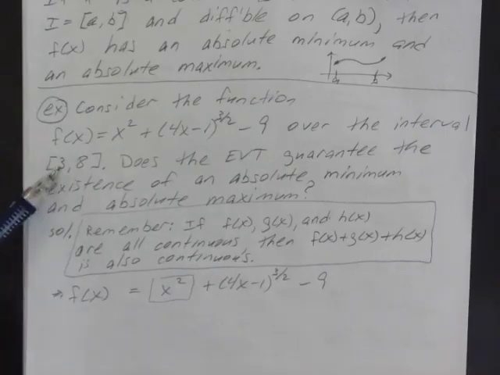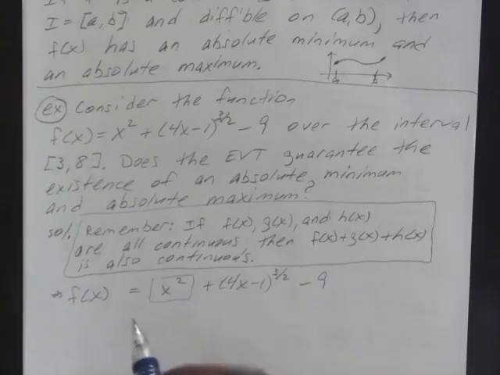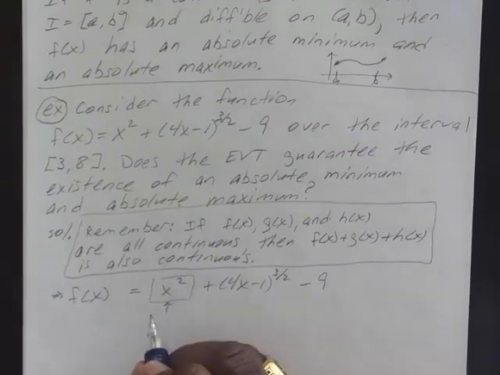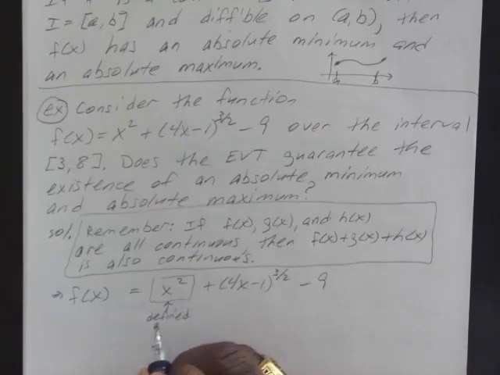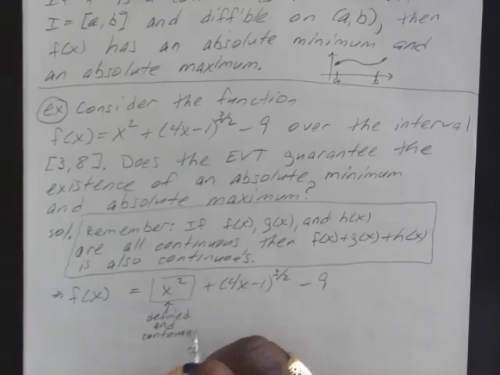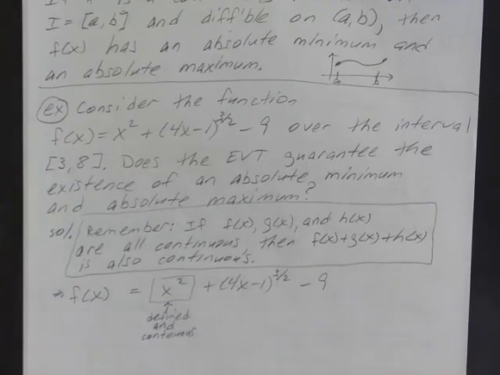If we plug in any value between 3 and 8, we'll get a real number. It's continuous. There are no undefined values for x squared. So we know that this is defined and continuous over that interval.